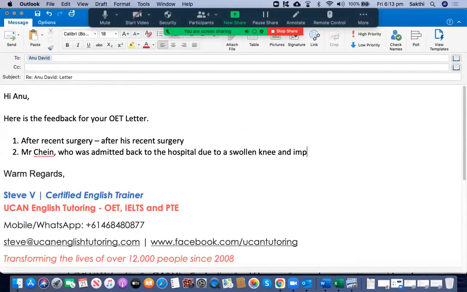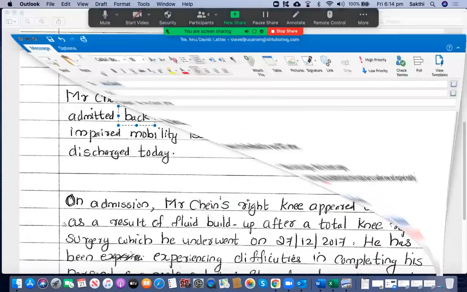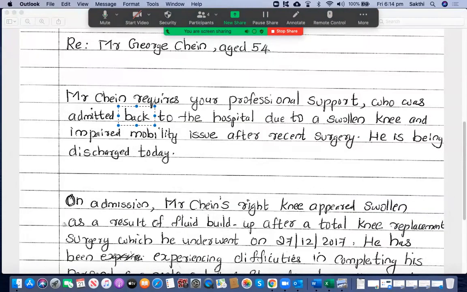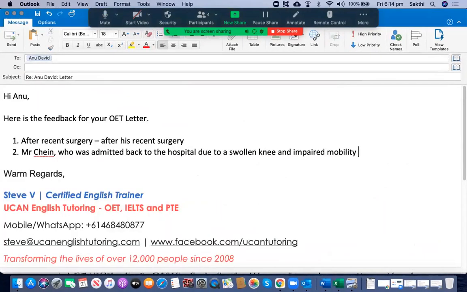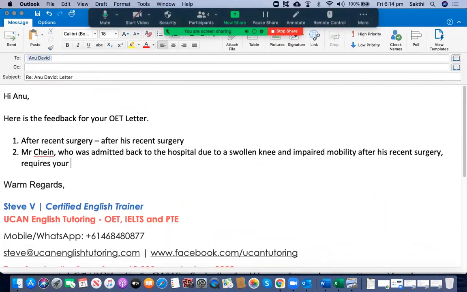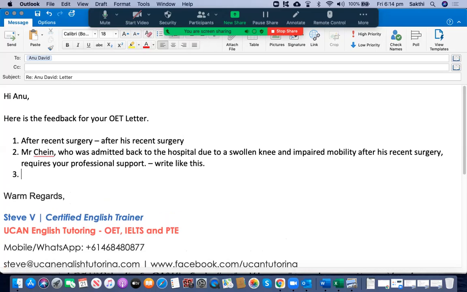And sorry, you don't need to even say issue, because impaired mobility itself is an issue, isn't it? You don't need to use "impaired mobility issue". After his recent surgery, requires your professional support. Right, like this.